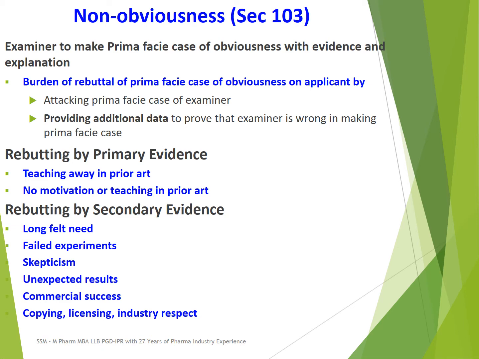People were saying that nobody will be able to reach my invention, and there are unexpected results with my invention. It is showing commercial success. People are copying my invention. I have licensed my invention to many companies, and there is industry wide respect for my invention. So these are secondary evidences based on which you can rebut the case of obviousness.